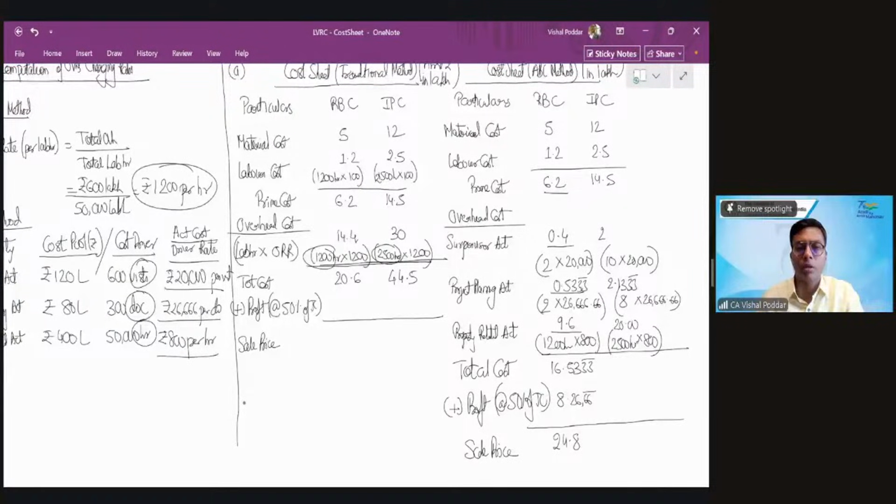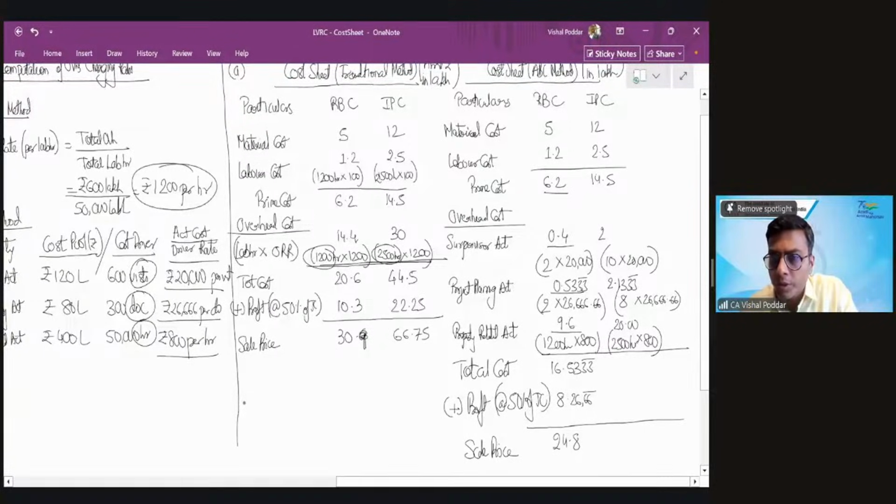Here 30 lakhs 90,000. Correct? Here 66 lakhs 75,000. Here 14 plus 2 is 16, plus 2 is 18, plus 20 is 48.